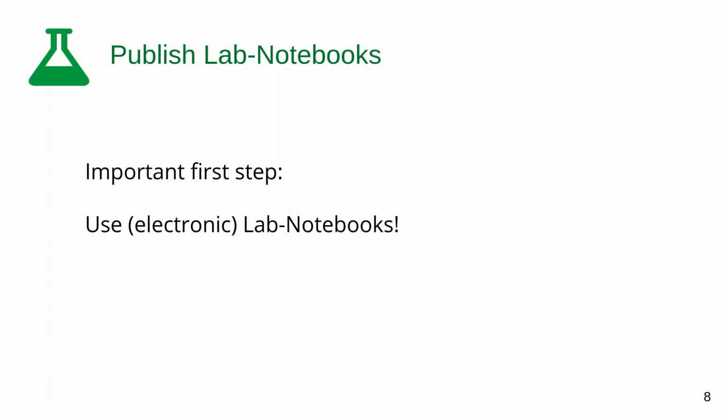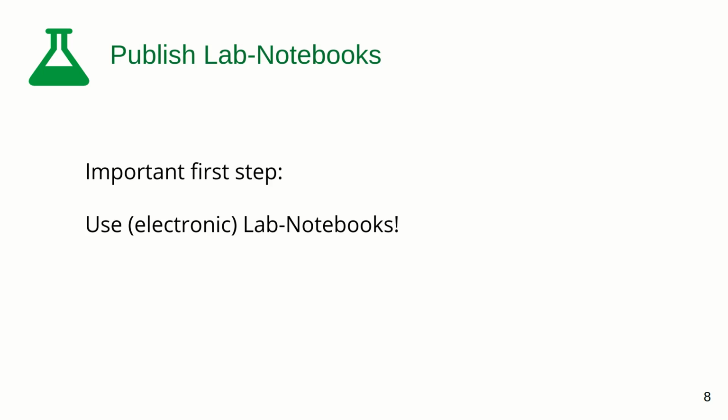The first important step is to first of all use a lab notebook. And that's maybe already something that's super clear to you, but not everyone does that. So using a lab notebook is a very important step if you work in a lab.